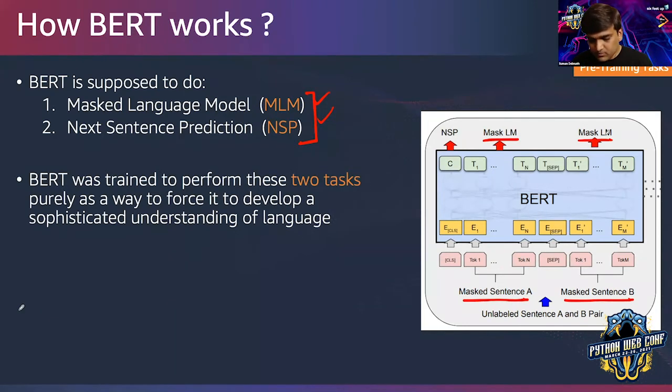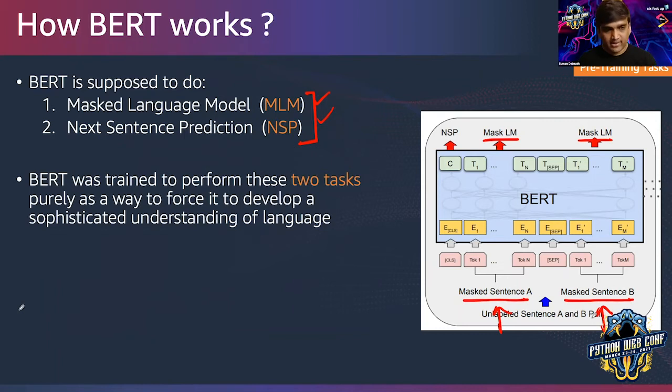And the next problem is next sentence prediction, and that means that when it is given two sentences, it needs to figure out whether sentence B actually comes after sentence A or not, right? So let's say you give two sentences, and those two sentences are one after another, then the model should predict that these sentences are one after another.